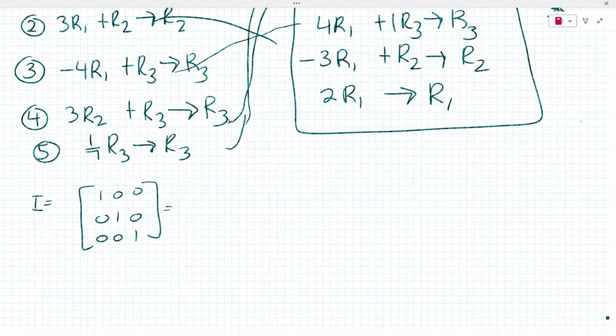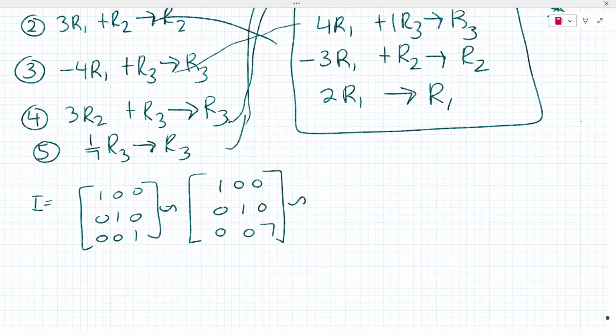If you recall, our new command was 7 times row 3 gives us row 3. So you're messing with row 3 and you're going to get 0, 0, 7, 0, 1, 0, 1, 0, 0, right? Okay, keep on going.